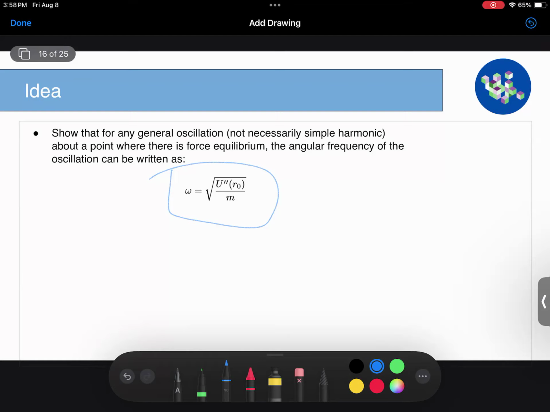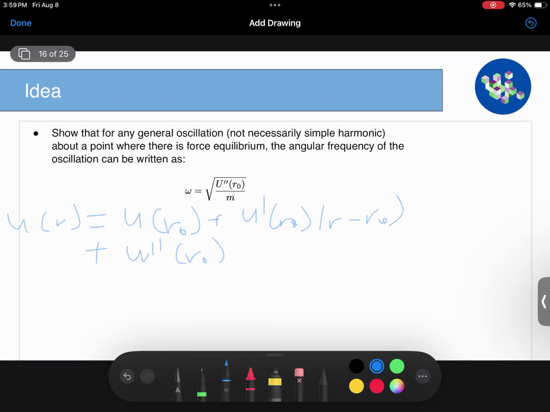So the overall idea is, if I want to write my potential energy, I can write it as a Taylor expansion about the equilibrium point R0. Then U(R) equals U(R0) plus U prime(R0) times (R minus R0), plus U double prime(R0) times (R minus R0) squared over 2, plus U triple prime(R0) times (R minus R0) cubed over 6, and so on.